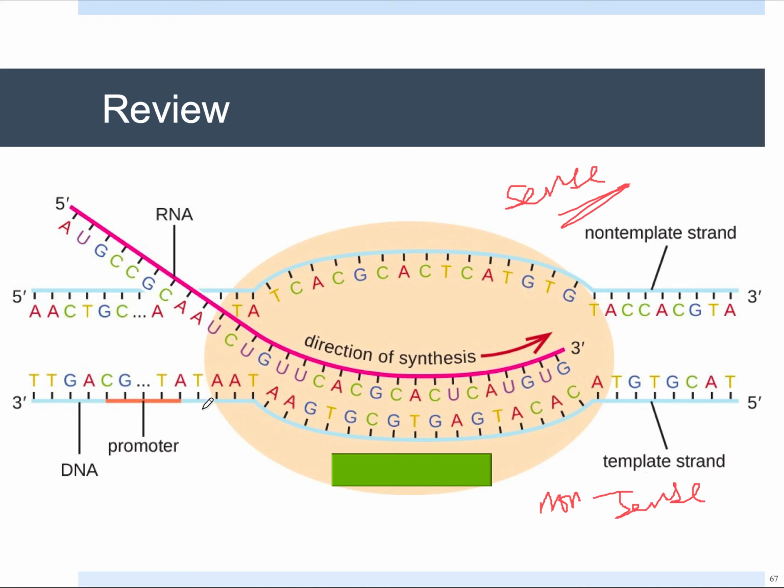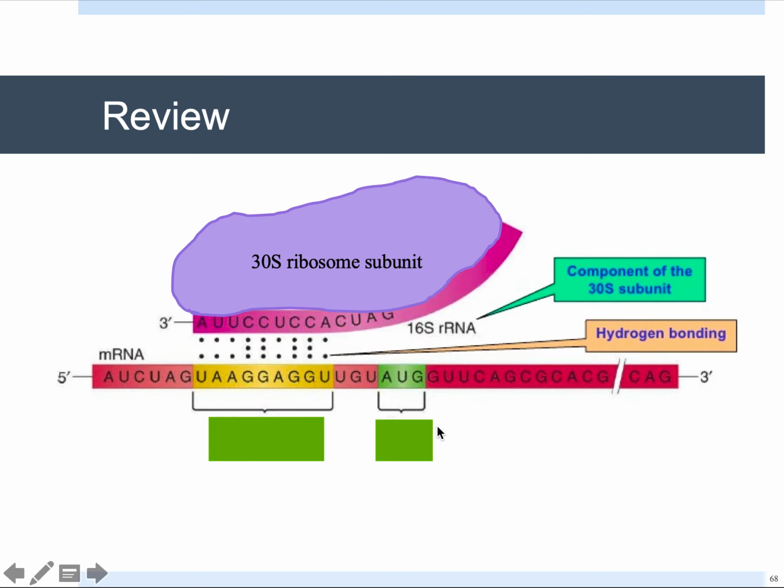You have the promoter, and then you have RNA polymerase. Notice the difference between DNA polymerase and RNA polymerase. DNA polymerase is needed for replication, RNA polymerase is needed for transcription.